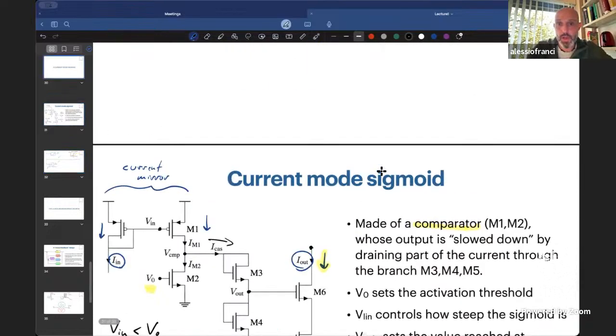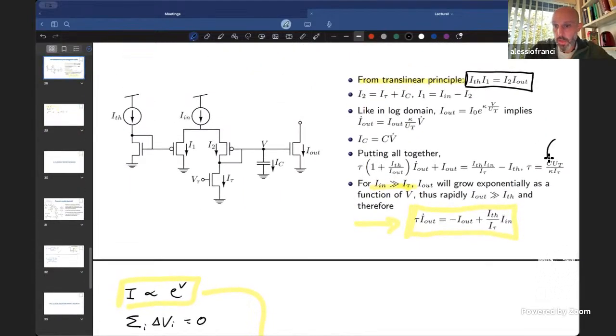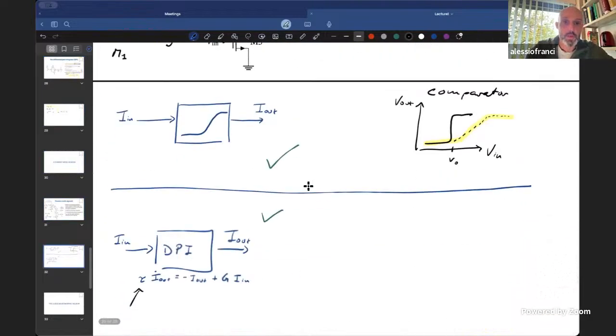The expression for tau you can find here if you're interested. It depends for sure on the capacitor, on the thermal voltage of the transistor, on the kappa factor of the transistor, and on a parameter I tau, which is the current fixed by this transistor here. Altogether, this determines the integration time constant of your first order linear differential equation.